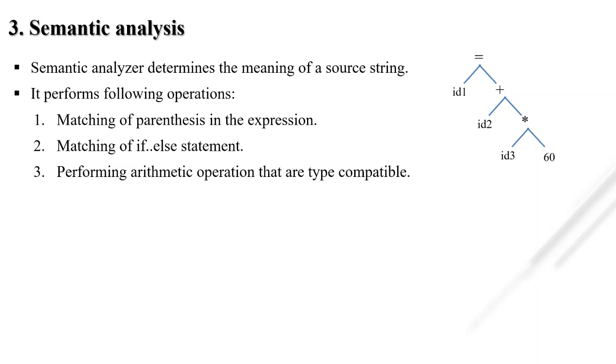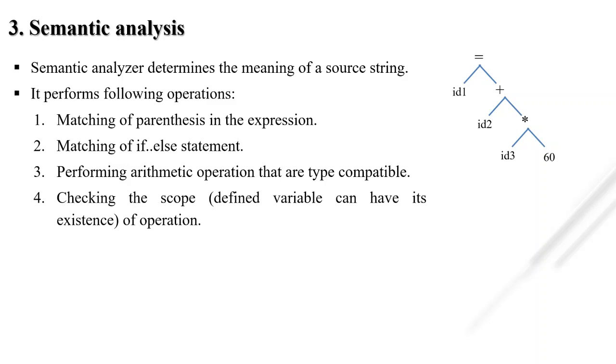Suppose in A equal to B plus C, where B and C are of type float and A is of type integer, then an error occurs of type compatibility. Then scope of the variables is also checked by this phase, where it checks that the variable is declared before it is used. If a variable is not declared and we use that variable, then this phase detects the error that this is an undefined variable.